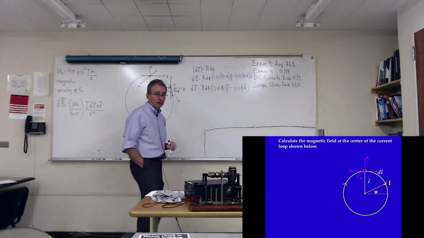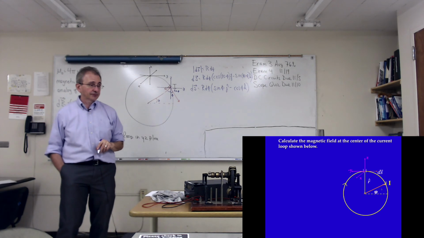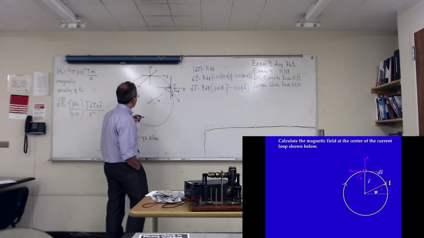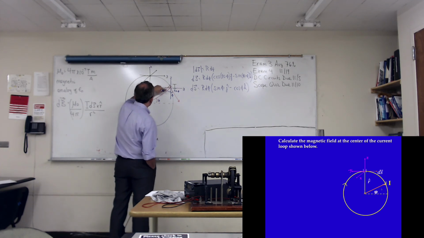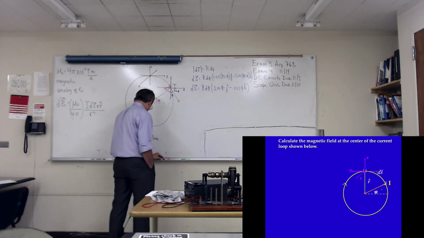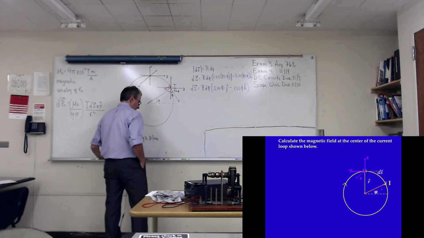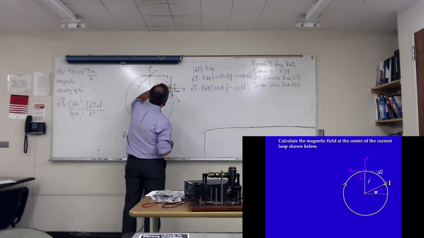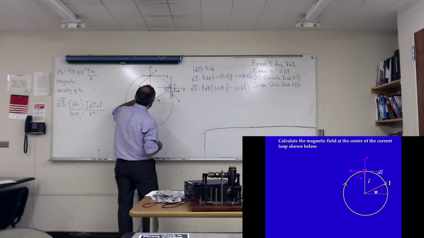Looks okay so far? And r hat is the unit vector that points from this element to the center of the circle. So r hat points this way.